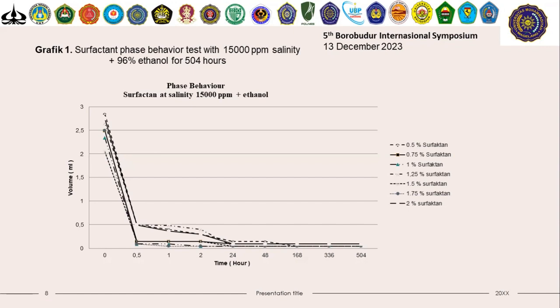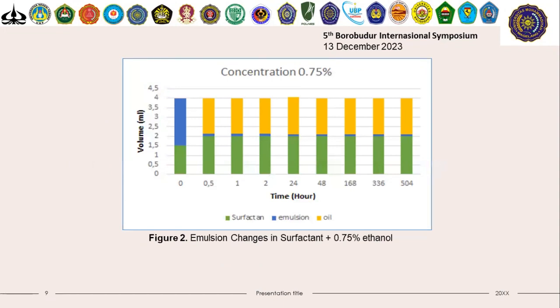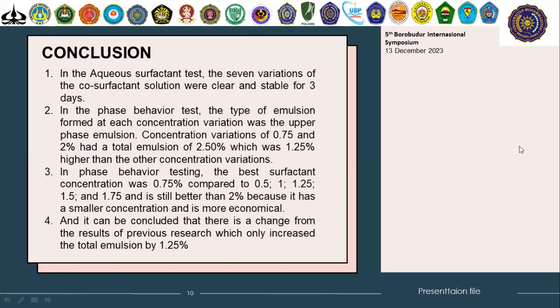Therefore, choosing the best concentration can be seen from the concentration used, where the 0.75% co-surfactant variation is estimated to be the best co-surfactant because it has a lower concentration, so it is more economical. And this figure is the emulsion change in surfactant plus 0.75% ethanol.